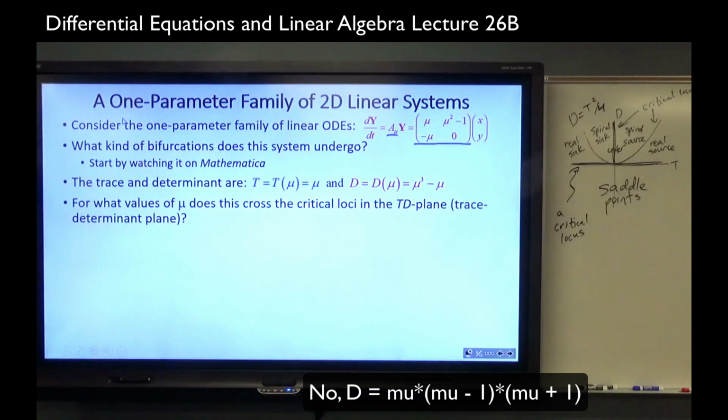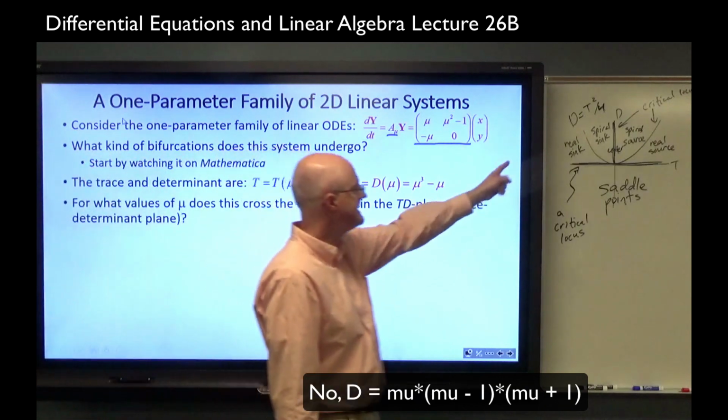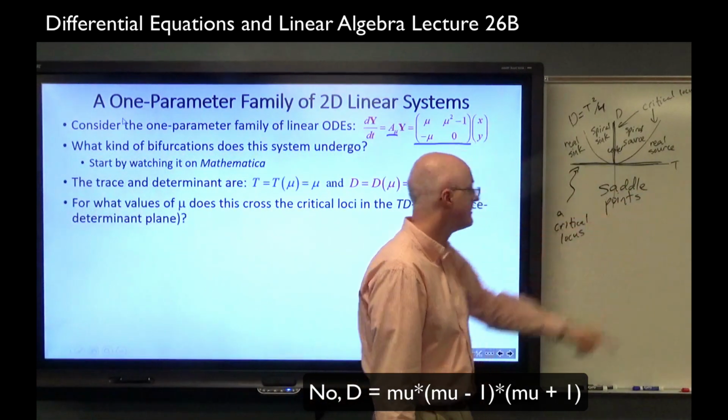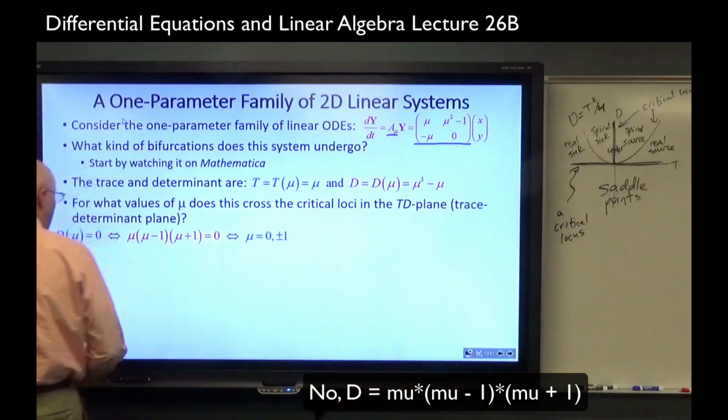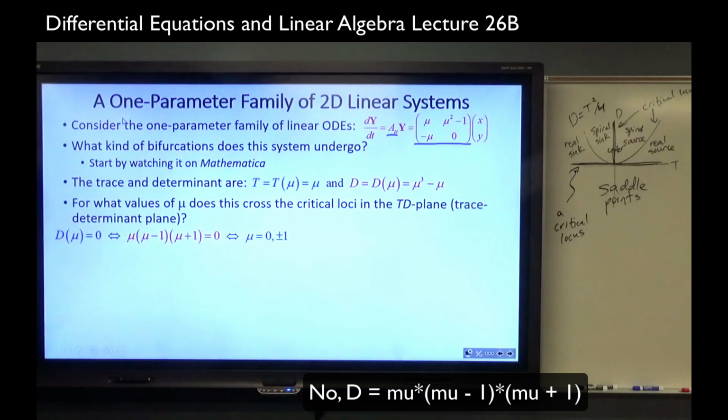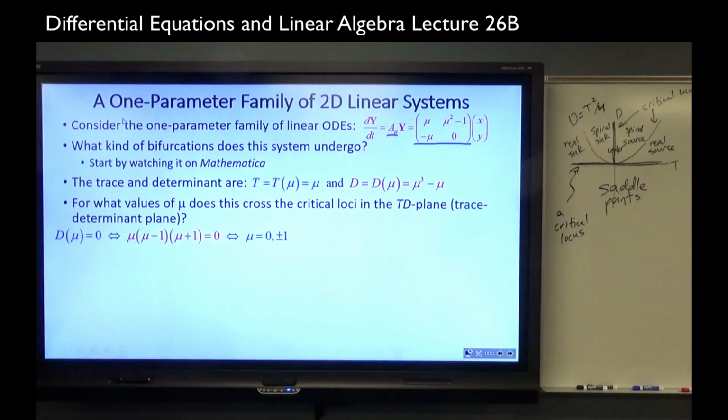For what values of mu does this cross the critical loci? Loci being the plural of locus in the trace-determinant plane, the TD plane. First, focus on where it crosses the t-axis, where d is 0. I can factor the d function of mu like this, and I see that that's going to be 0 at 3 places.